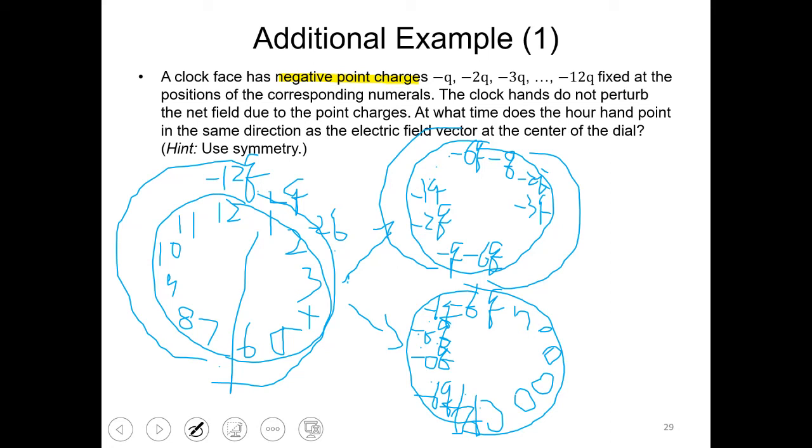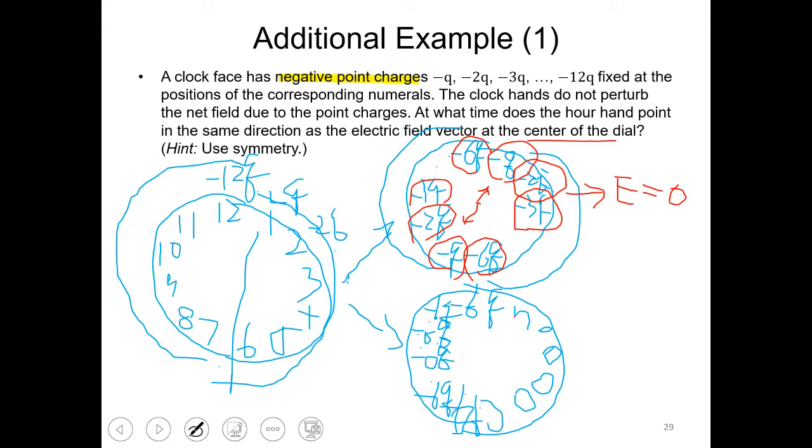For this part, we can see that this one will generate an E field at the center in this direction. And this minus Q will also generate an E field in the opposite direction, but with the same magnitude, right? So these two cancel. Likewise, for minus 2Q, they generate E fields that cancel, until here also cancel. So for the upper one, it will generate an E field equal to 0 at the center.